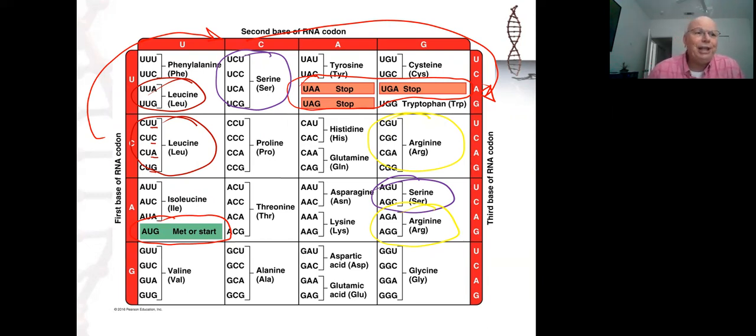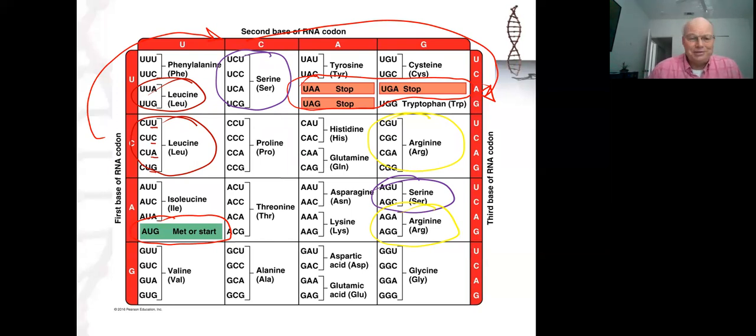So there is redundancy here. But what you'll also notice is that every codon only codes for 1 amino acid. Even the AUG only codes for a single amino acid. None of the codons does double duty in terms of amino acid coding. Now, the AUG does double duty because it's not only the codon for methionine, it's also the start codon. But again, that doesn't change the fact that it's still coding for 1 amino acid and only 1 amino acid.